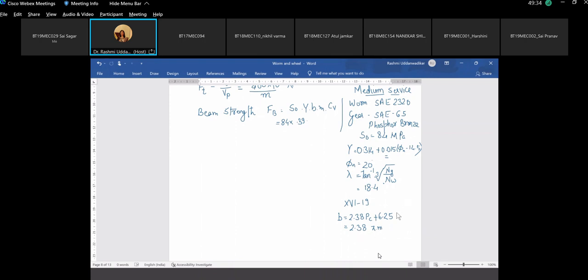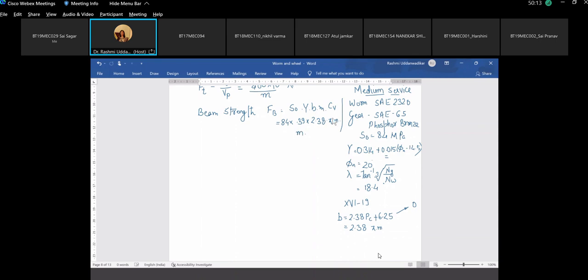And hence for simplification, I am going to ignore this value 6.25 for time being. We'll get the value of m, then we take the next higher available value. From that m, we again calculate what is b. So this is again giving us a range. So initially, we'll be considering b only as 2.38 pi m. Otherwise, you will be getting equation in m square, m cube, and m. Difficult to solve. And so the value of b is taken as 2.38 pi m into m.